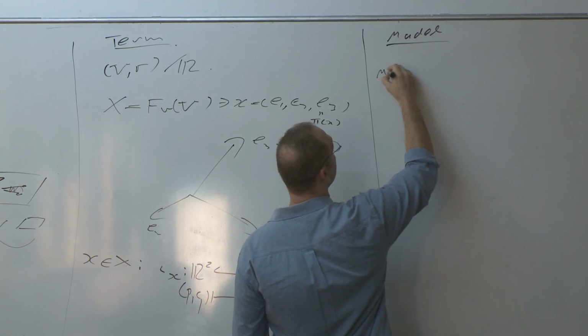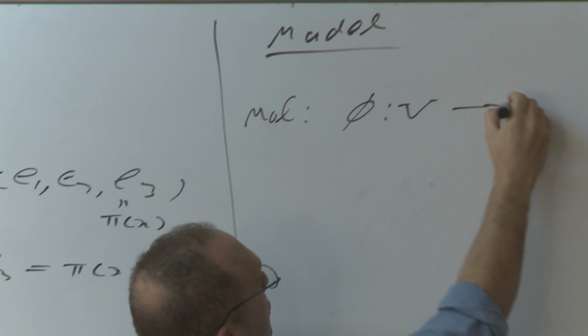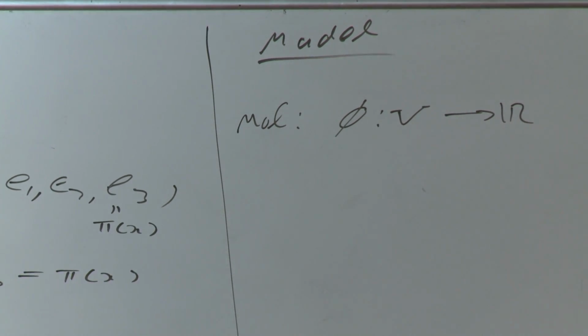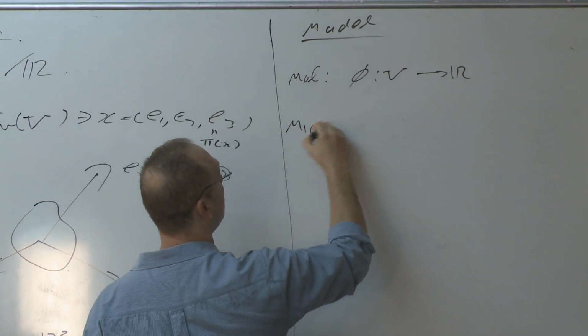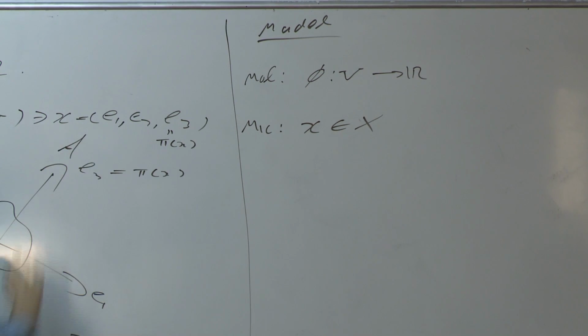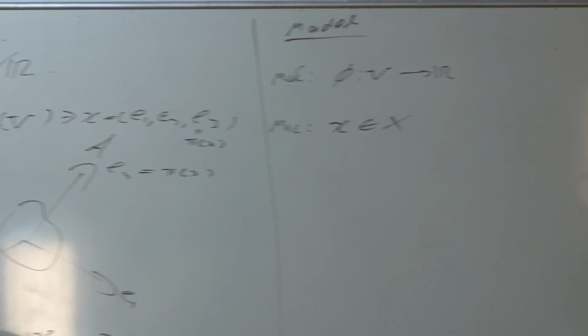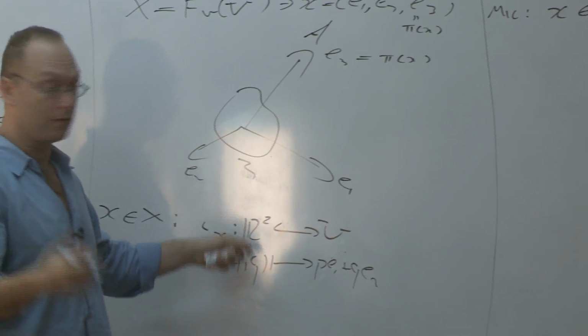So under this convention, the molecule is modeled by a real-valued function phi on the vector space V. If you wish, this is the volume function of the molecule. So here is the molecule. It is modeled by a function. And an orientation of the microscope is modeled by a frame x in X. So this is the viewing direction. This is where your eye is located. And these are the coordinates of the camera. The microscope comes with a fixed coordinate system.